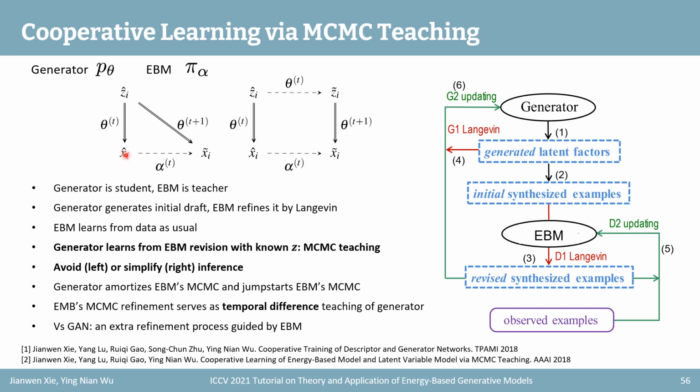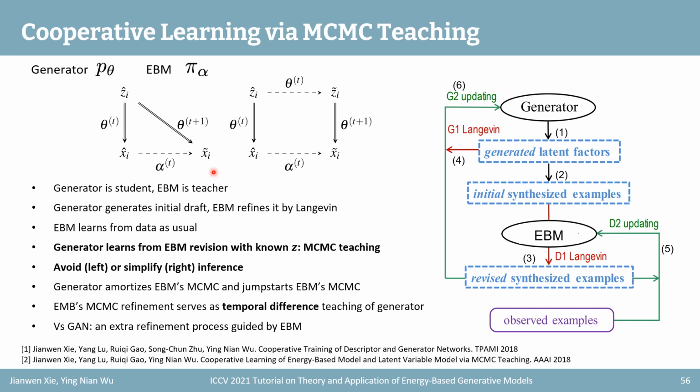So that is, the generator is like a student, and EBM is like a teacher. So a student writes the initial draft of the paper, and then the teacher revises the paper to get to this xi tilde. So this is considered as the synthesized example from the energy-based model.